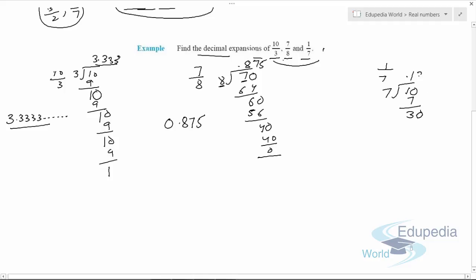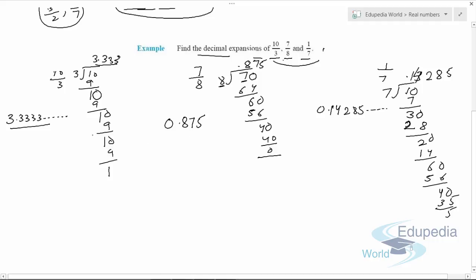It will be 7 fours are 28, then 2, 0, it will be 7 twos are 14, then 6, again 0, so it will be 7 eights are 56, then 4, then again 0, so it will be 7 fives are 35. So we can clearly see that this number will also go on like this, 0.14285.